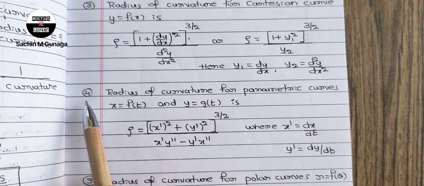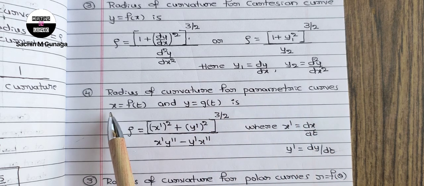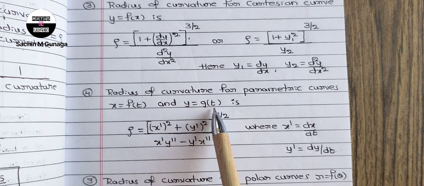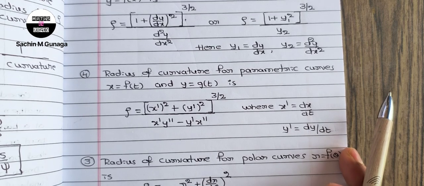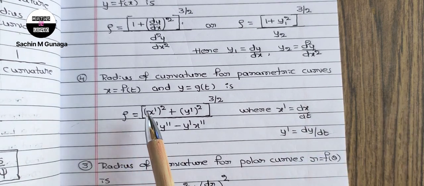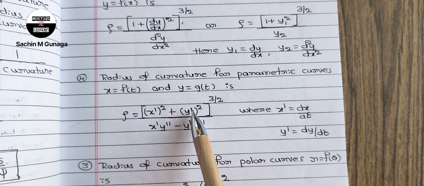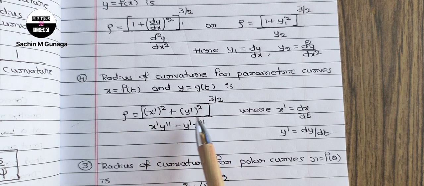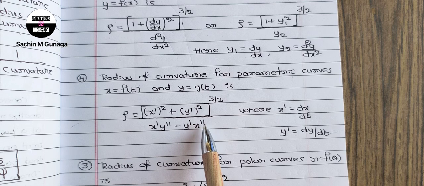Next, fourth one, radius of curvature for parametric curves. If x is equal to f of t and y is equal to g of t, two parametric curves are given, then the formula is rho is equal to (x dash square plus y dash square) raised to 3 by 2, divided by x dash into y double dash minus y dash into x double dash.